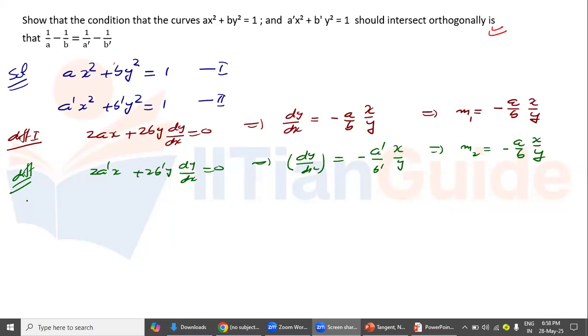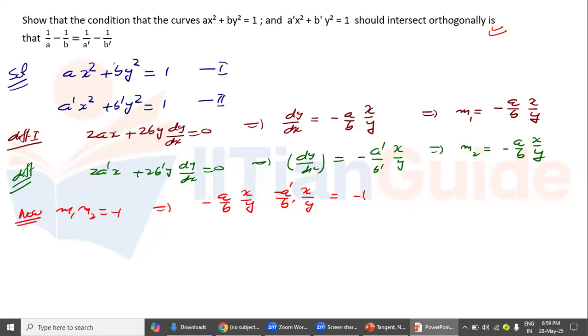Now he has given m1 m2 is -1. So that means minus a by b multiplied by x by y, multiplied by minus a dash by b dash x by y, is -1.